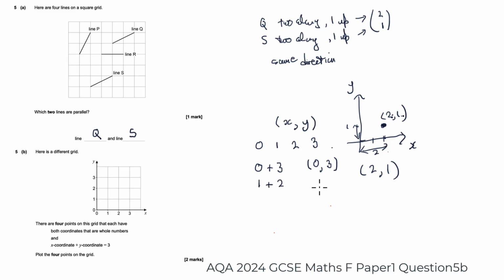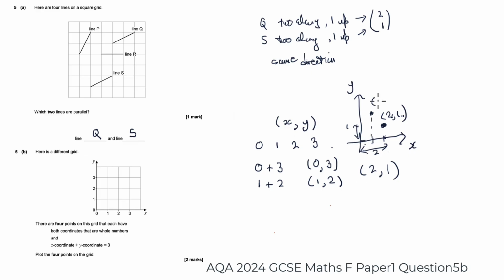That adds up to 3, and that corresponds to a point 1, 2. Now, if we think about it, swapping the x and the y round makes a difference. This point we plotted here, 2 along, 1 up, is not the same as the point 1 along and 2 up.